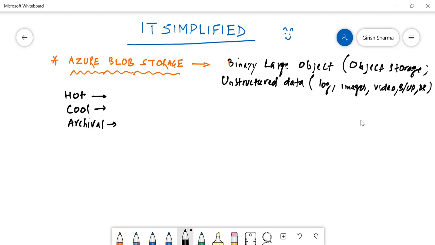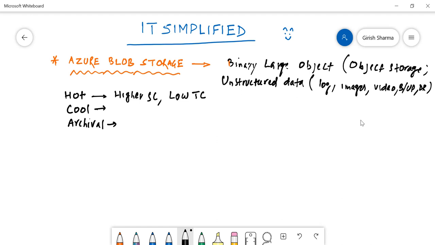For example, you will use the hot tier in case you want to access the data frequently, because it has higher storage cost but low transactional cost. And we're going to talk about transactions in a moment.